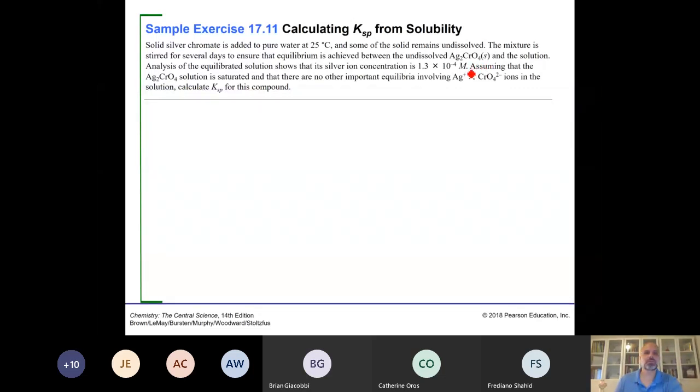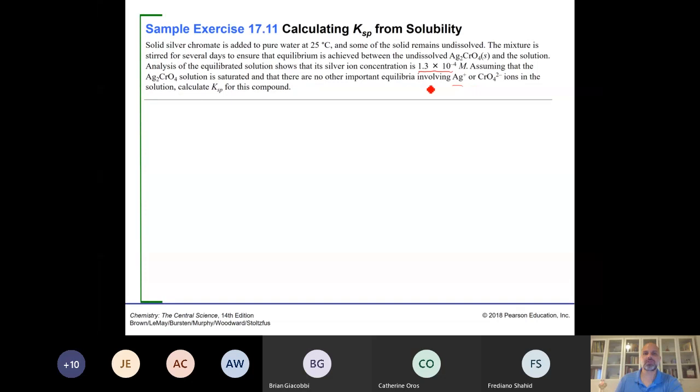Analysis of the equilibrated solution shows that its silver ion concentration is 1.3 times 10 to the minus 4 molar. Assuming that the silver chromate solution is saturated and that there are no other important equilibria involving silver or chromate ions in the solution, calculate the Ksp for this compound.